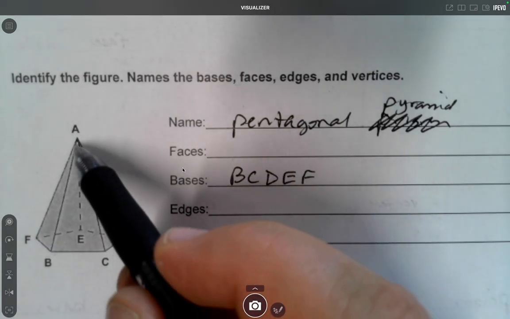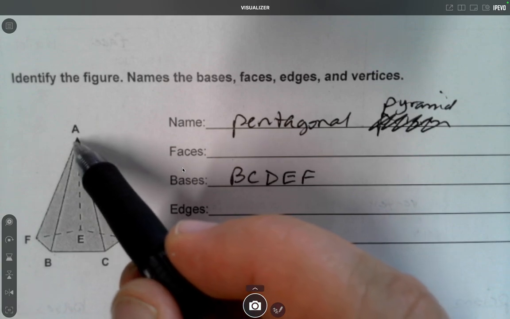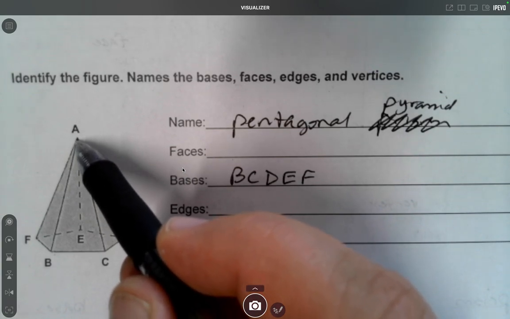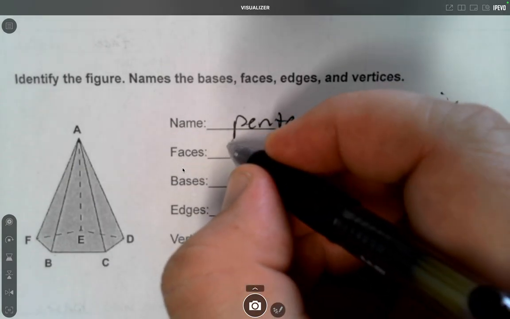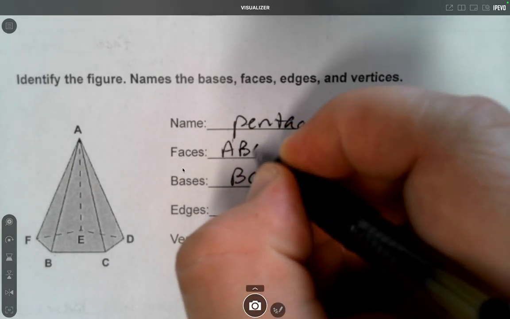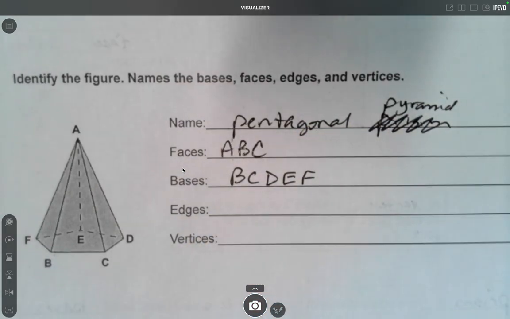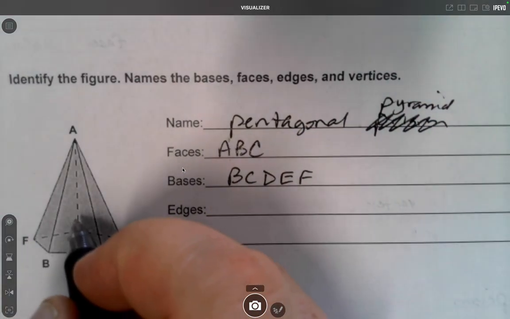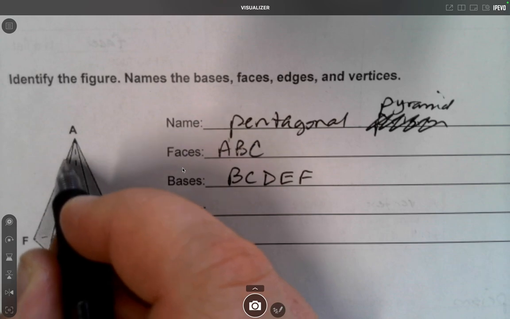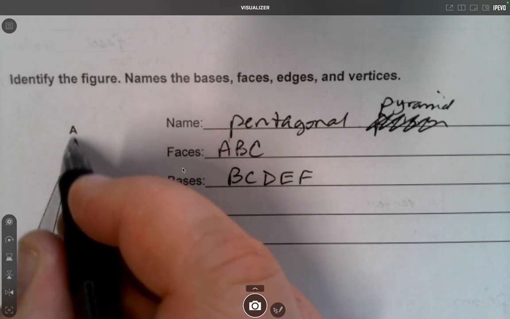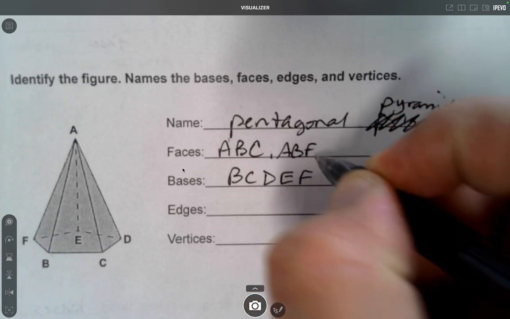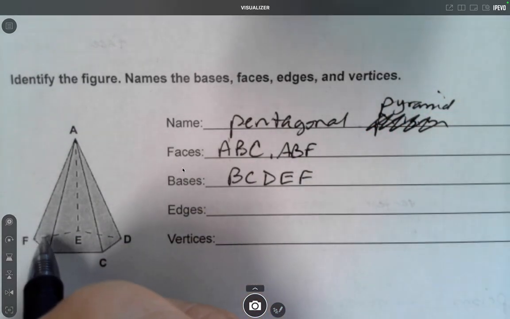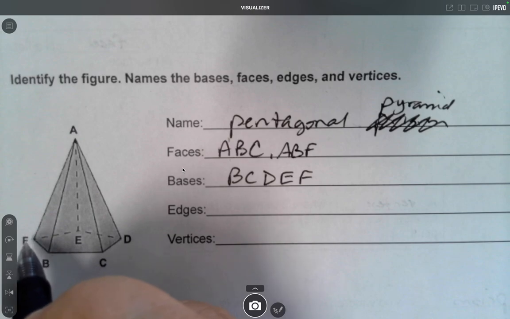So I'll just start with the one in the front. And again, I'm just going to choose to be alphabetical, keep it easier. So A, B, C covers this triangle that's right in the front. And I'll just move clockwise. So this one that's still visible, but over here on the left, I'll say A, B, F. Then we have this one that's kind of in the back with the dotted lines on the left.